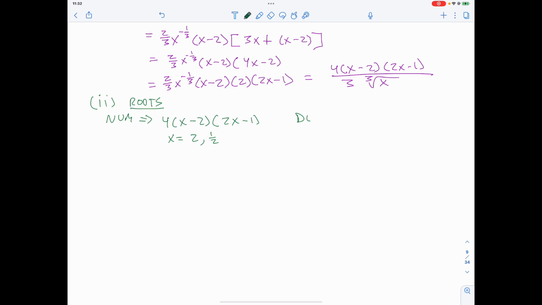I have the denominator, where I have 3 and the cube root of x is equal to 0, which is just going to give me x is equal to 0 as a root.